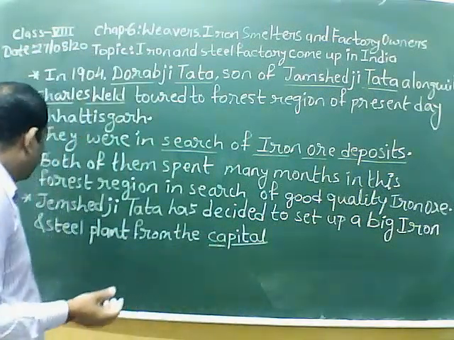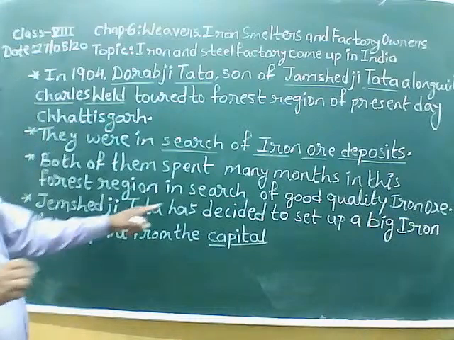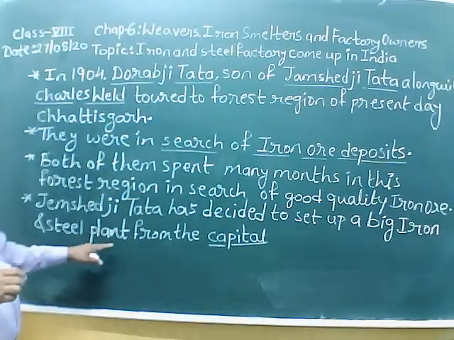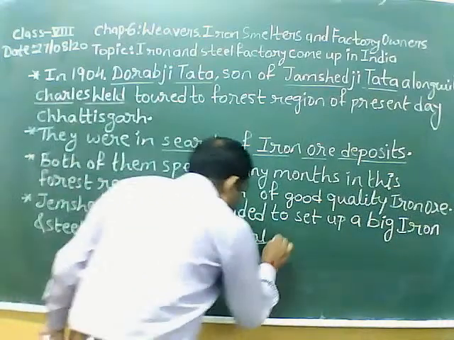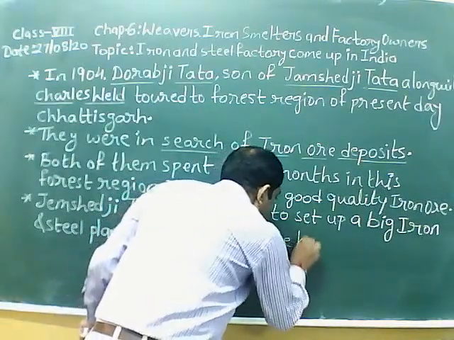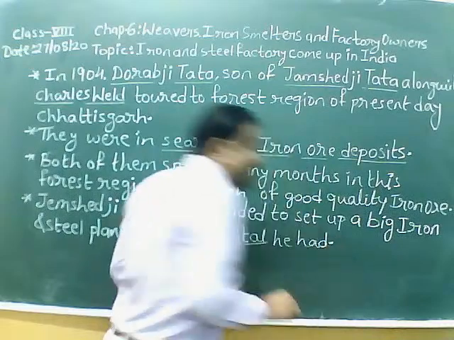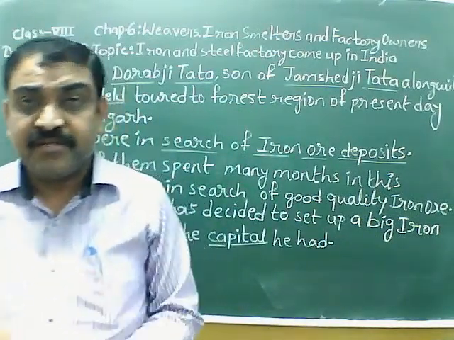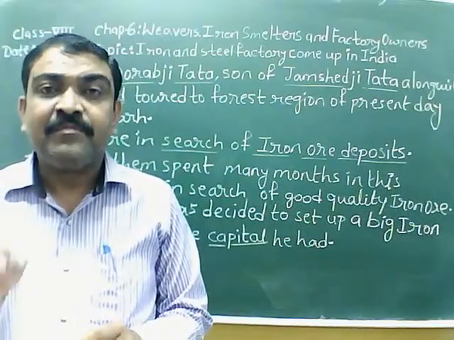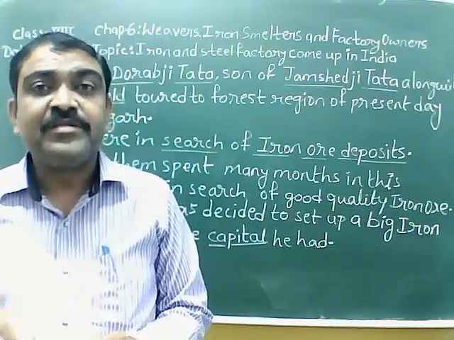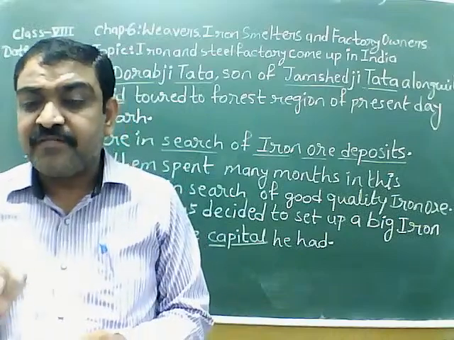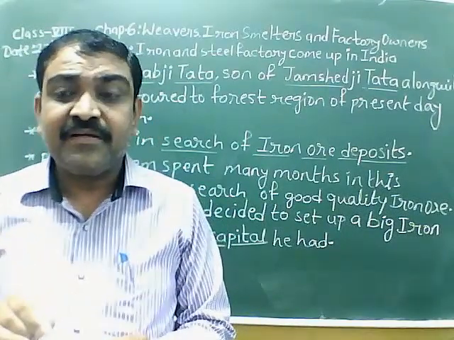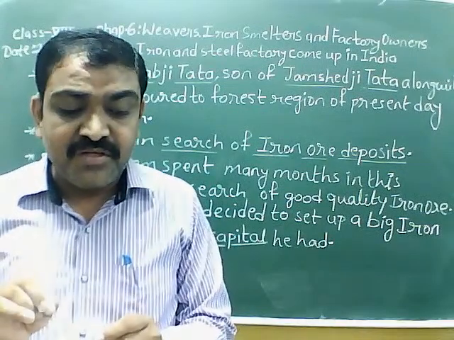So Jamshedji Tata has decided to set up a big iron and steel plant from the capital he had. उनके पास में बहुत सारी पूंजी थी, बहुत सारा पैसा था. From that money, Jamshedji Tata has decided to set up a big iron and steel plant.